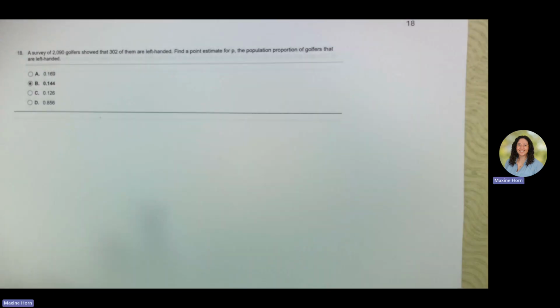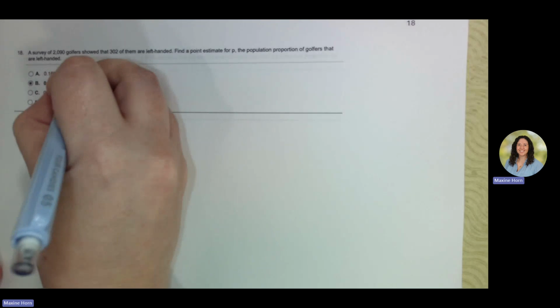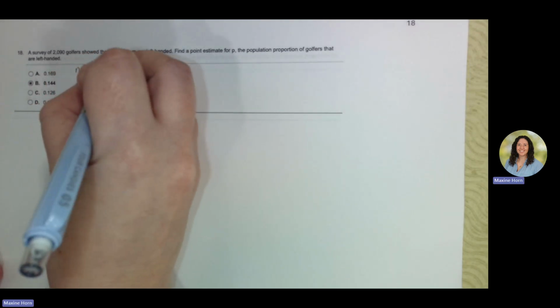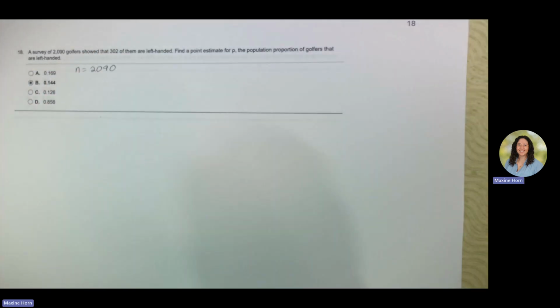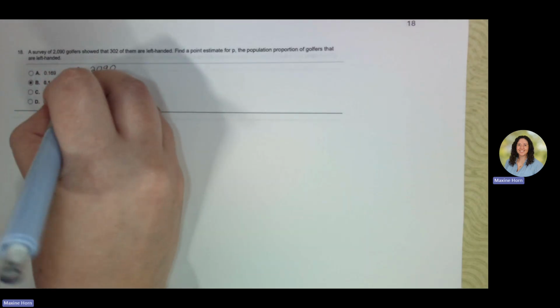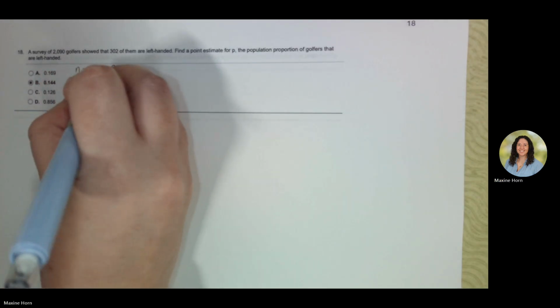Okay, a survey of 2,090 golfers, that's an N, showed that 302 of them are left-handed. Well, that's an X value. Find a point estimate, so same thing here, for P, the population proportion of golfers that are left-handed.